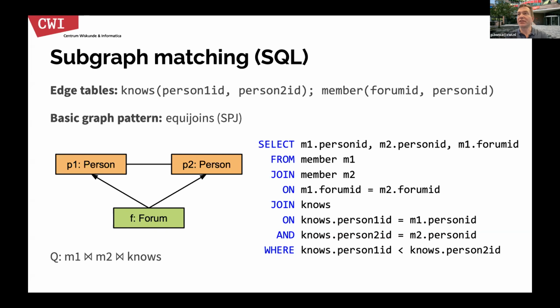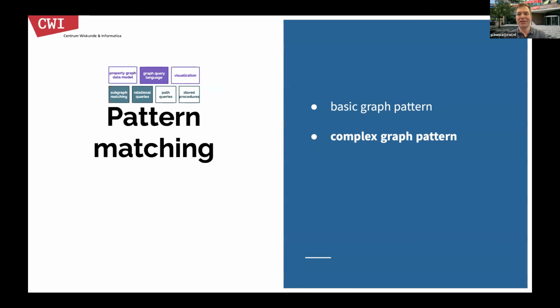And you can express this very same query in SQL, in the SQL that you see here, and get roughly the same answer. Not entirely the same answer, because this will actually give some more answers, because of the binding semantics. In SQL, you get all possible bindings that match. We call that homomorphism semantics. In Cypher, you actually get isomorphic semantics, but I will not get into these details here.